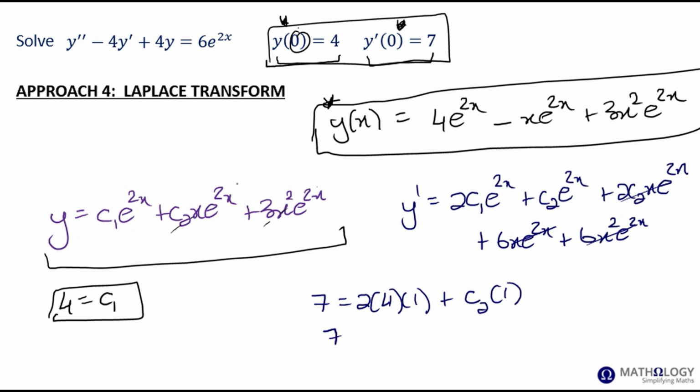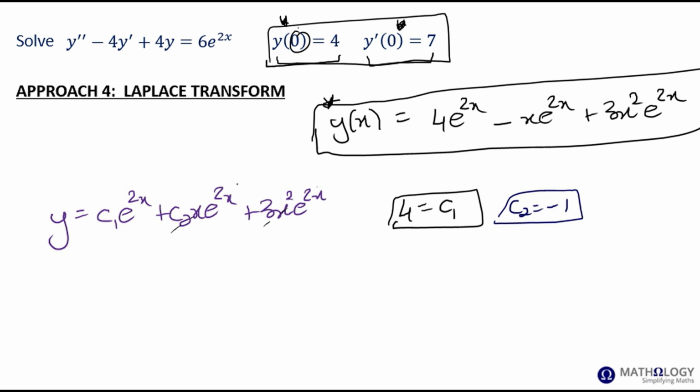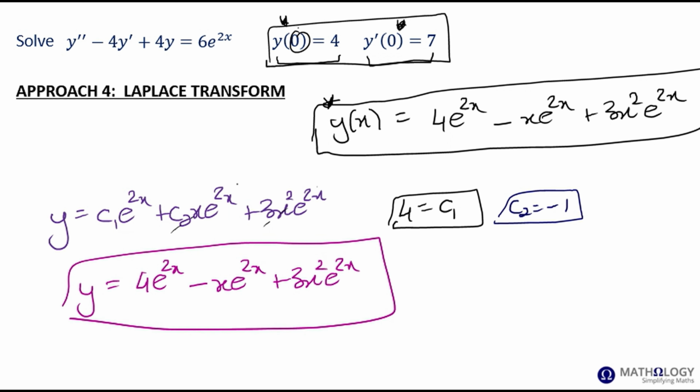So we'll have 7 equals 8 plus c2, so c2 is minus 1. So now the general solution is y equals c1, which is 4, e to the 2x, c2 is minus 1, so we have minus x e to the 2x plus 3x squared e to the 2x, and this is the same solution that we got using Laplace transform.